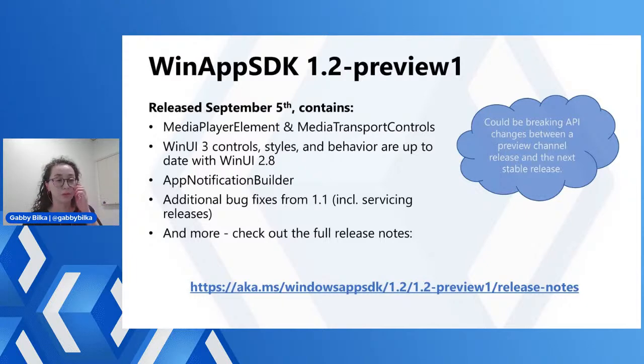You can use this to create them in markup instead of XML. We also have more bug fixes from 1.1, which includes those servicing releases that we've been doing for 1.1 and more. So check out the release notes at the link below for more info. And as a note, as for all preview releases, there could be breaking API changes between a preview release and a stable release. We're not anticipating that at the moment, but that's always possible.